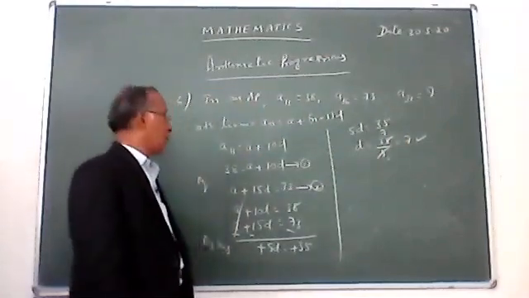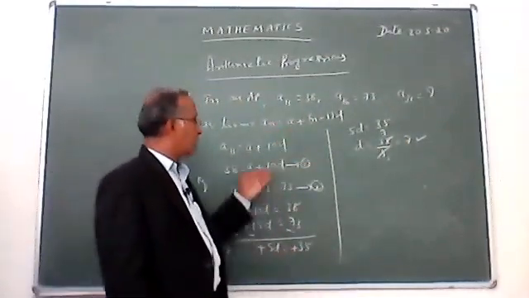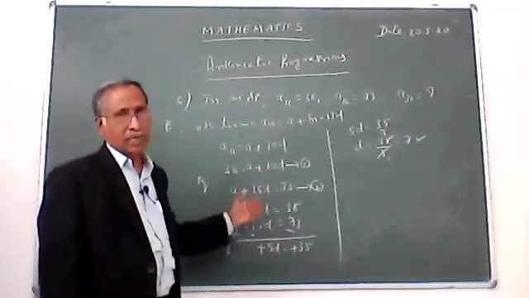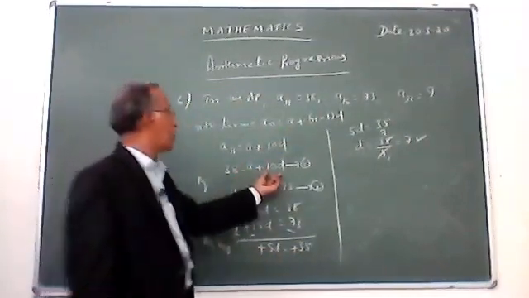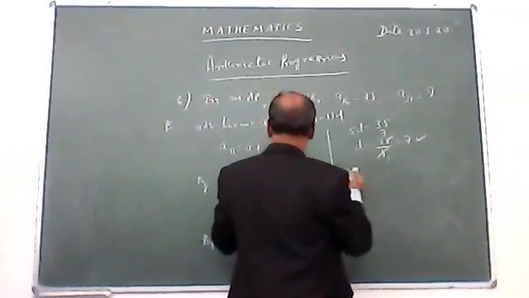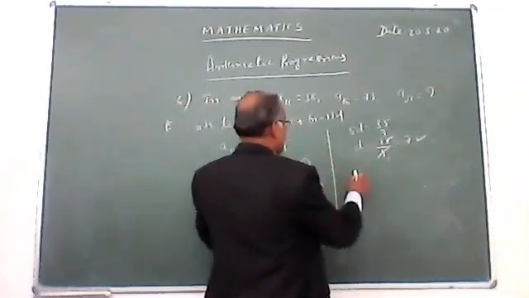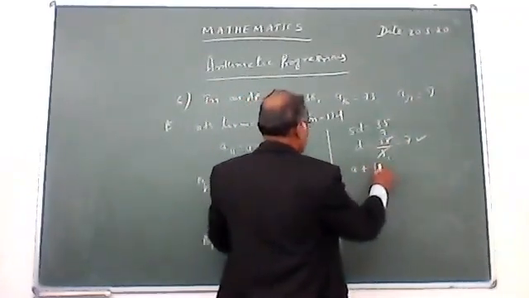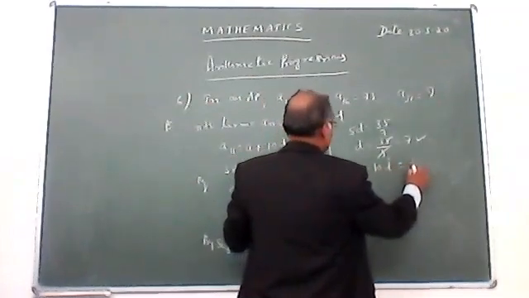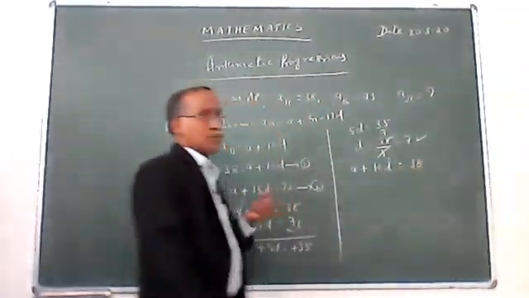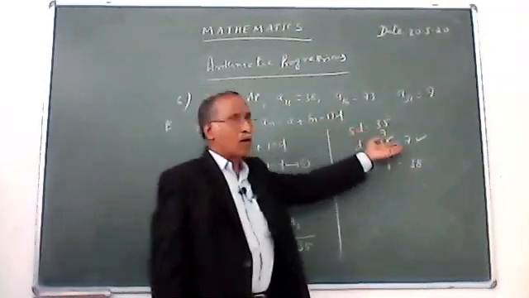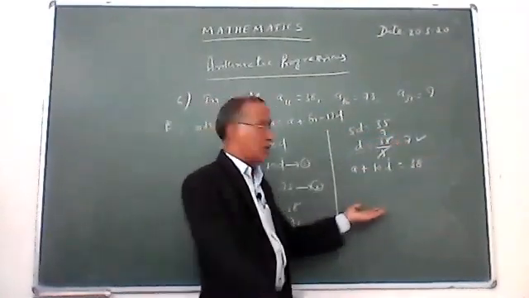We have got it. By substituting this value, either in the first equation or in the second equation, let us calculate a. By substituting d equals to 7 in equation 1, a plus 10d is equals to 38. The d value 7 we have got now. Let us substitute here.